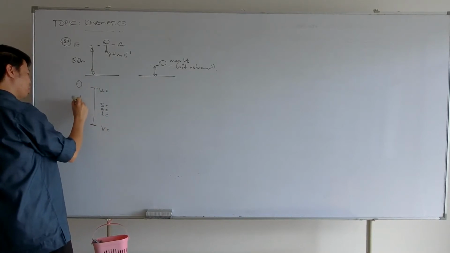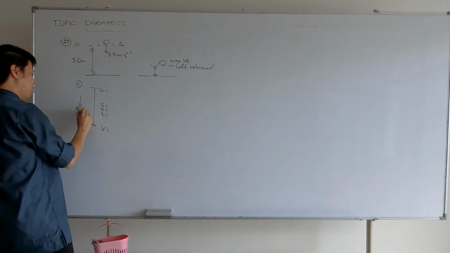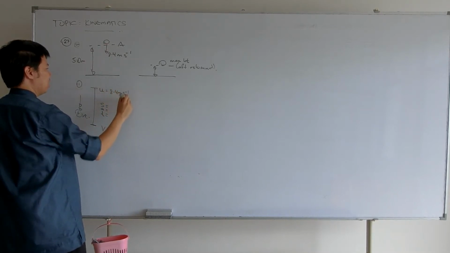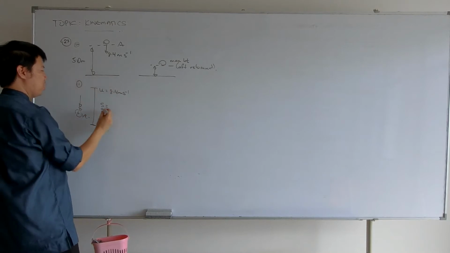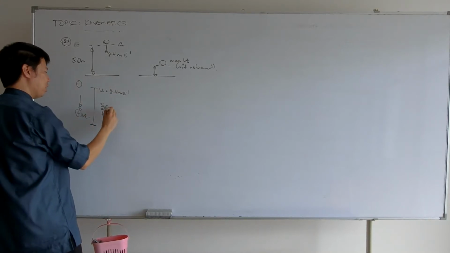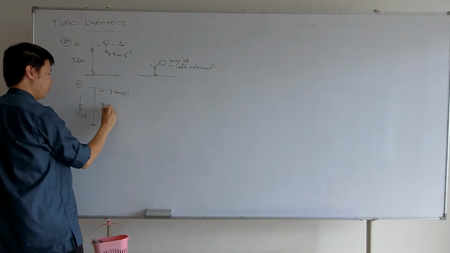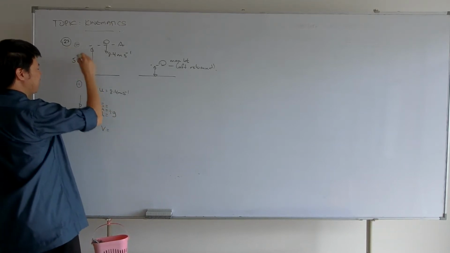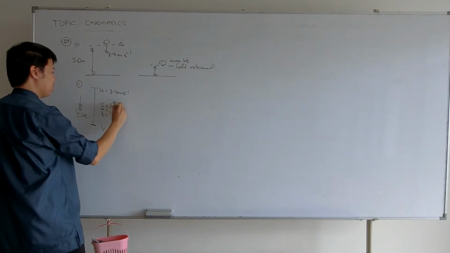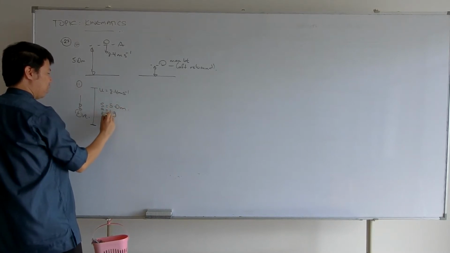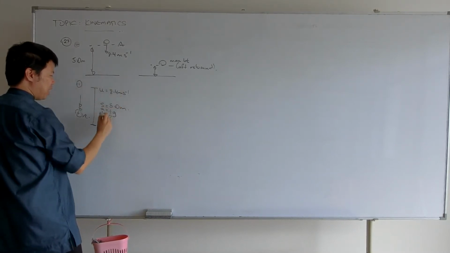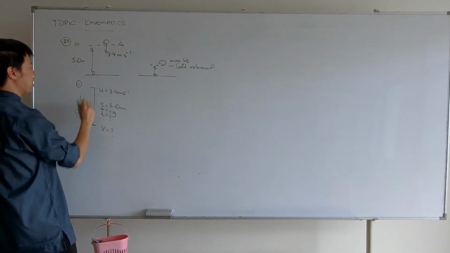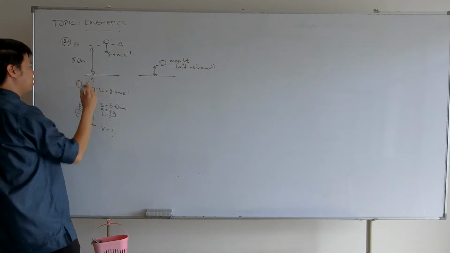Choose the positive direction to be downwards. U initially is 8.4 meters per second. Why does the object fall? Because it is pulled by gravity, therefore the acceleration of free fall here is positive g, and the s here is 5 meters. Therefore, we have three variables, which means we can actually find t or v. In this case, the question is asking us to find the final velocity.